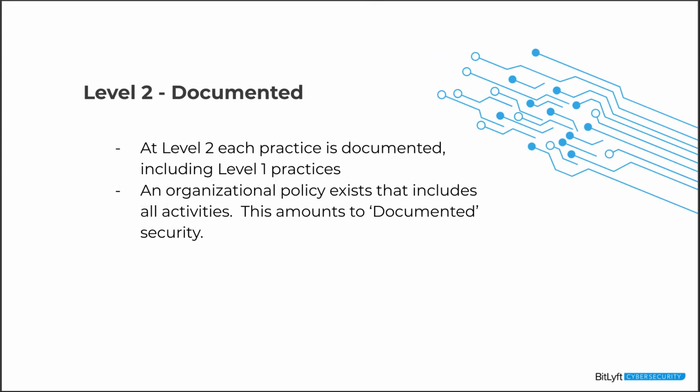What makes it great is going on from there, level 2, 3, 4, 5. Then we start talking about the number of processes going up by that number. So at level 2, there are 2 processes that you have to have. And this amounts to documented security. So basically what this means is that you've got an organizational policy that exists that talks about all of your activities, but it's just a policy.